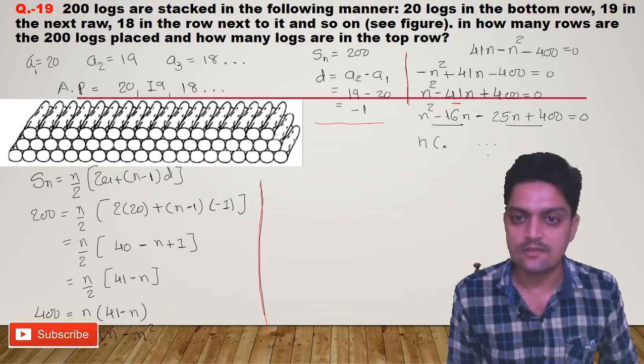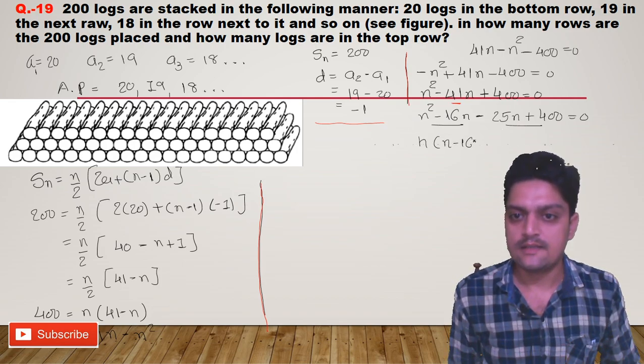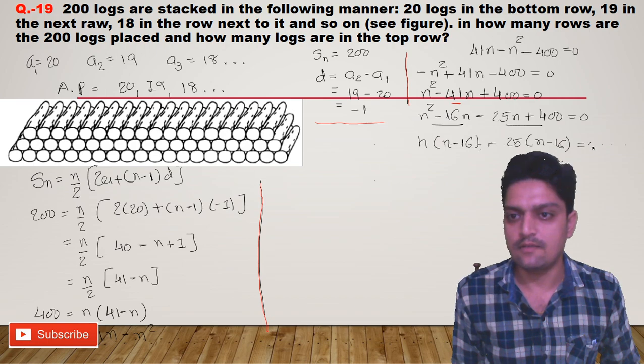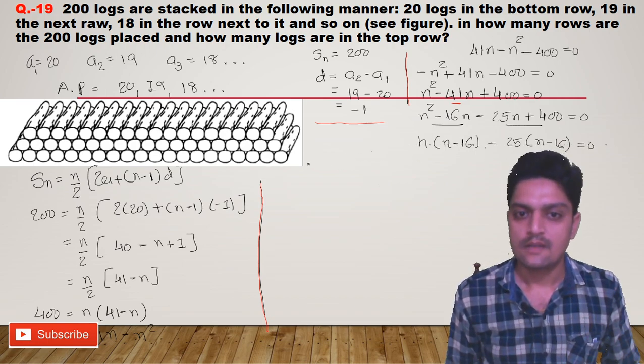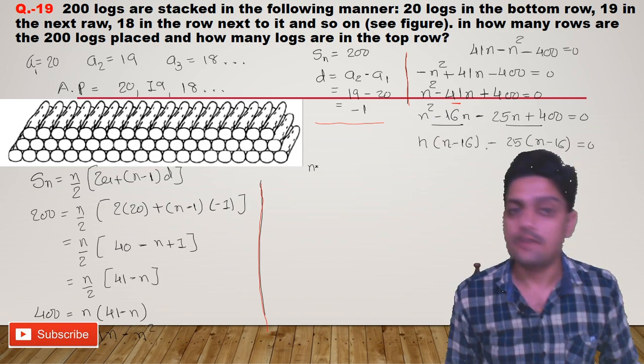Here n is common, n minus 16; minus 25 is common, n minus 16 is equal to 0. Now I will write from here, otherwise you will not be able to see.